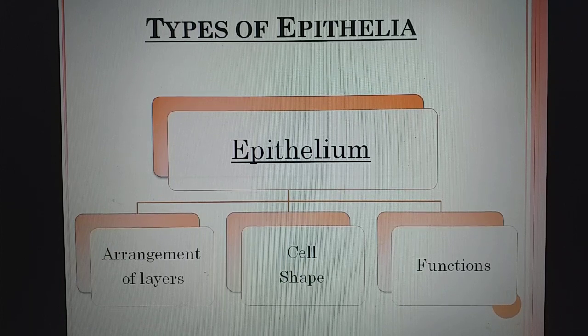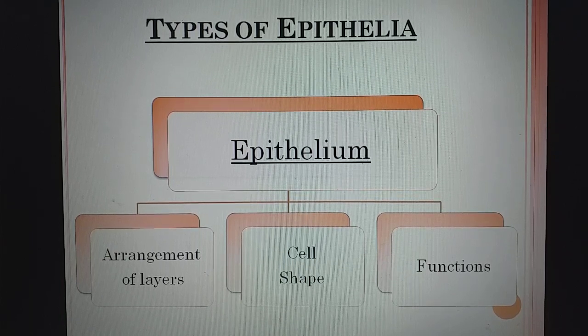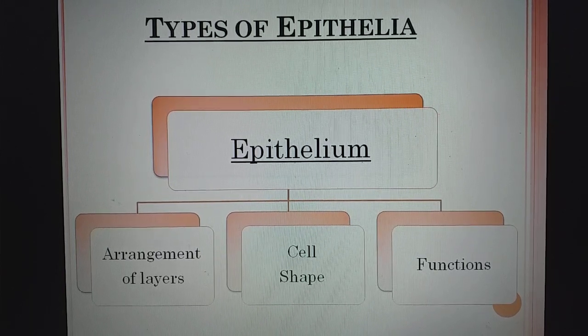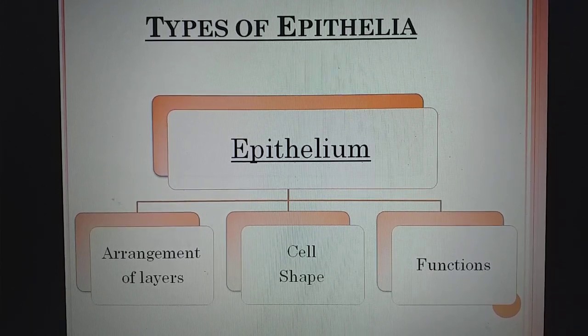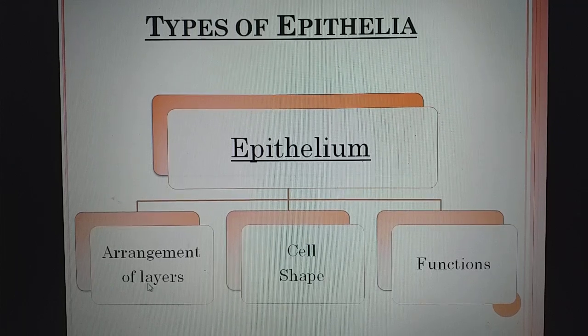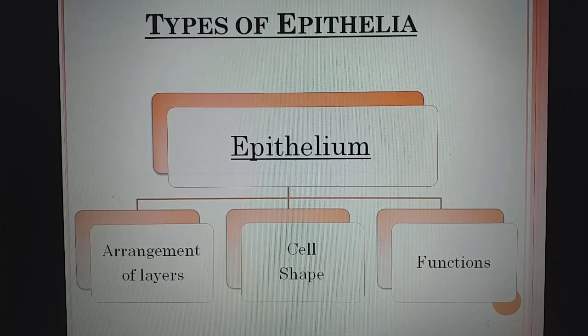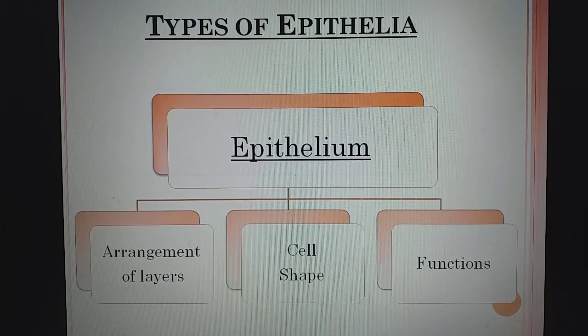Now epithelial tissue is categorized on the basis of the arrangement of layers, cell shape and functions. Among that, arrangement of layers we have completed. On the basis of arrangement of layers, epithelial tissue is of two types, that is simple epithelial tissue and stratified epithelial tissue.